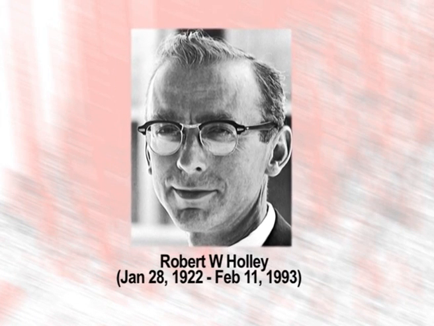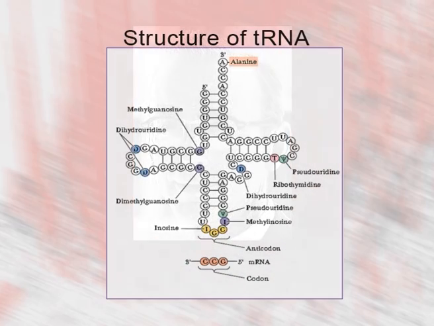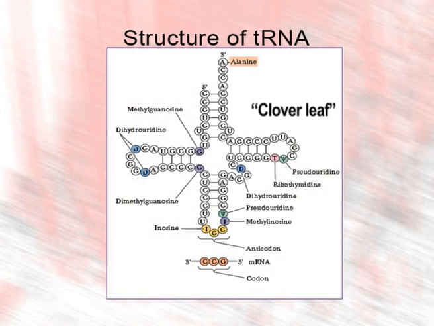The secondary structure of tRNA was first studied by Robert Holley and his team, for which they were awarded the Nobel Prize in Physiology or Medicine. It is also known as the clover leaf model as it assumes the shape of a leaf of a clover plant.